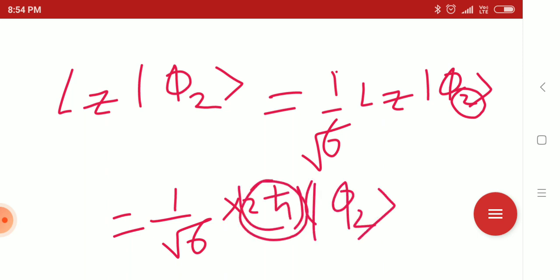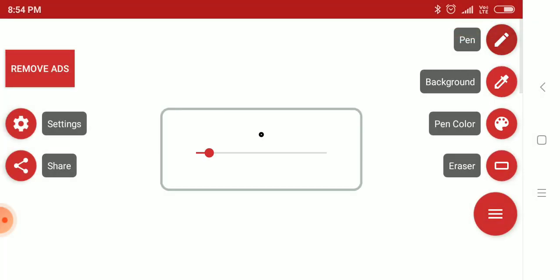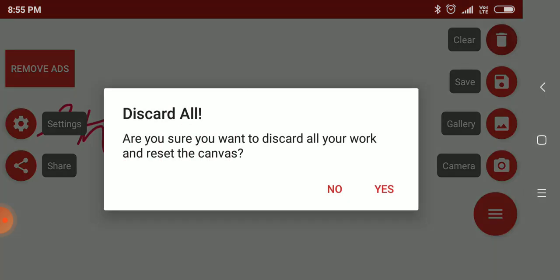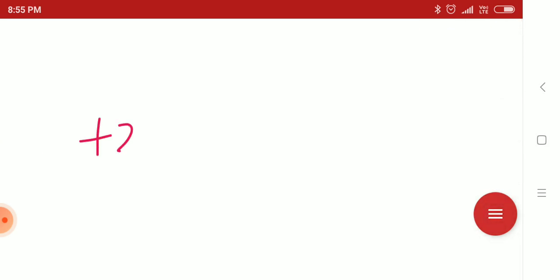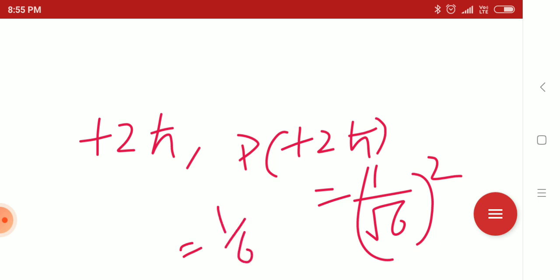So here the possible outcome is 2 h cut, and the probability is 1 by root 6 whole square, the constant coefficient whole square, that is 1 by 6.